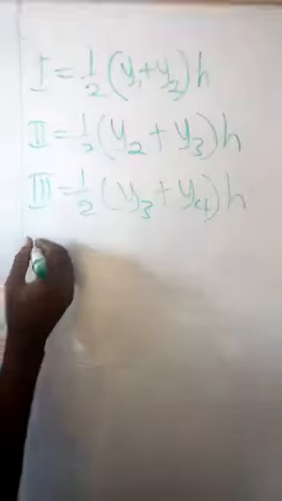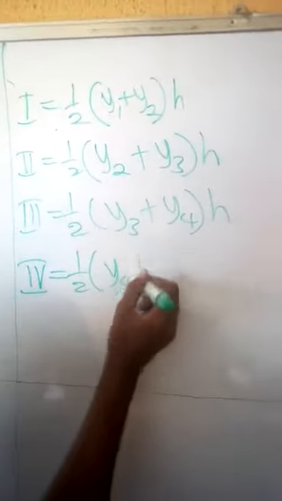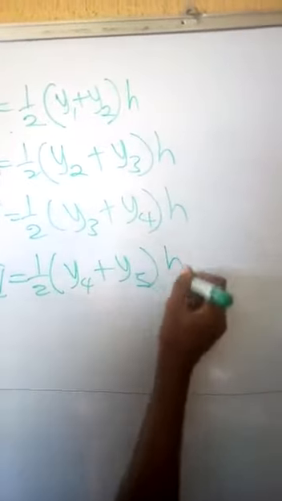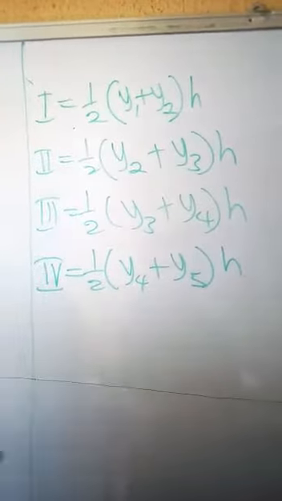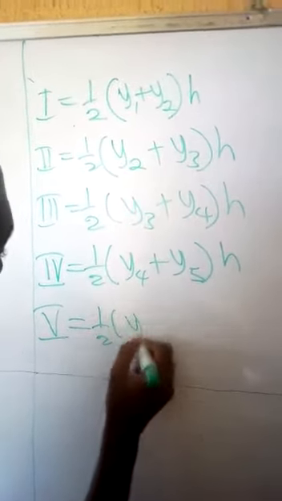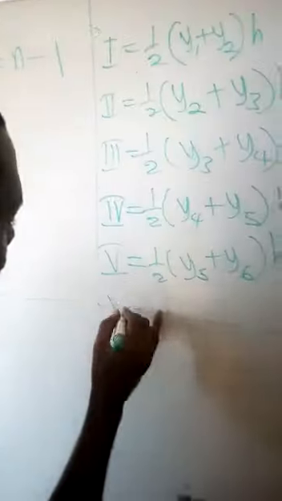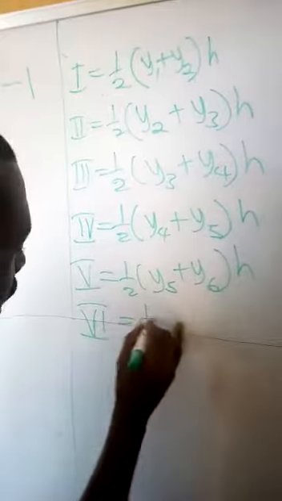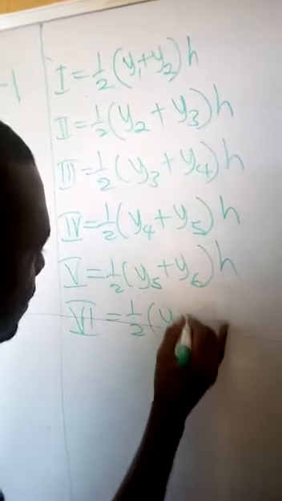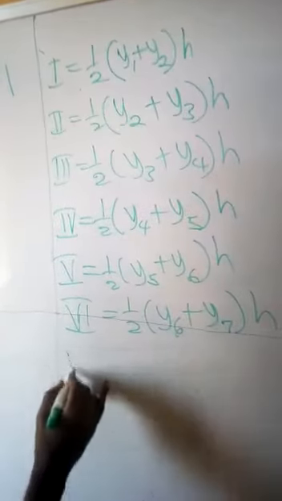If you notice, a pattern is created. The fourth will be half of y4 plus y5 times height. The fifth, half of y5 plus y6 times height. The sixth, half of y6 plus y7 times height.